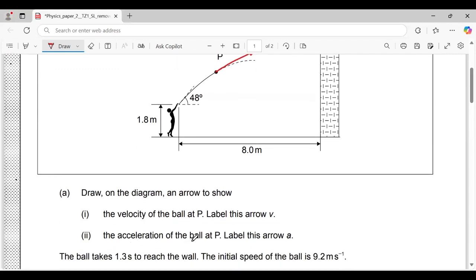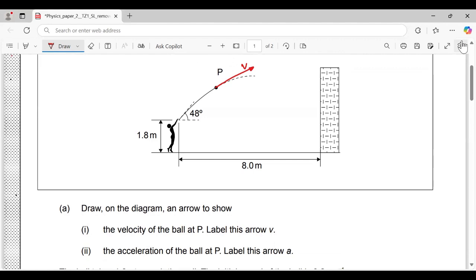Next, the acceleration of the ball at P. Label this arrow a. So the acceleration is downwards because of the gravitational force. This is the acceleration a.